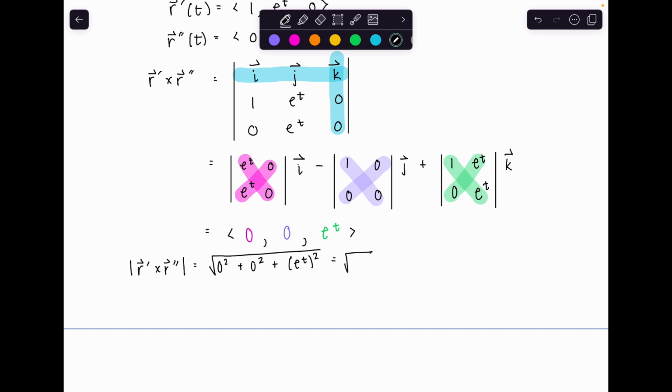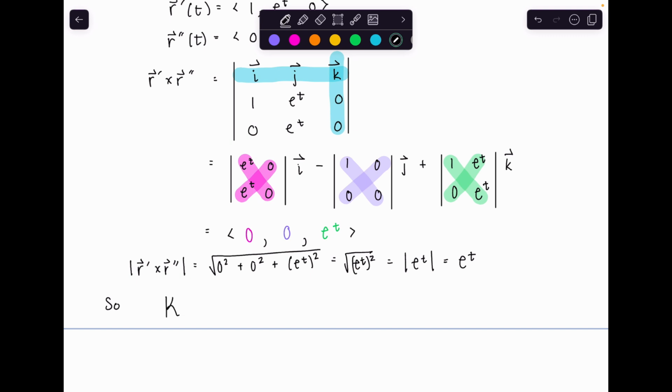Well, all the zeros cancel out, and this gives you the square root of e to the t squared, which again technically gives you the absolute value of e to the t, but e to the t is always a positive quantity. So we just get e to the t, okay? So this is everything I needed.